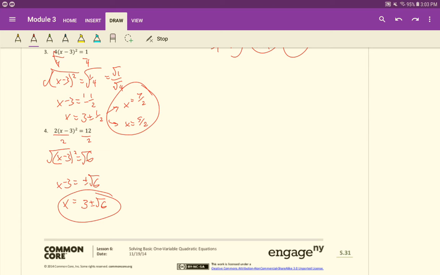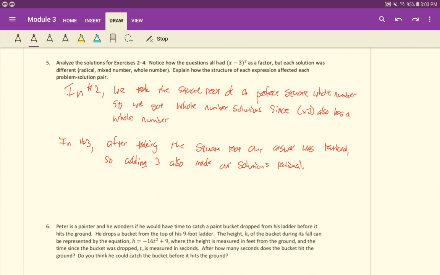The last solution here though, that 6, when we square rooted it, is 6 a perfect square? The answer is no, and so we end up with what is known as an irrational number.